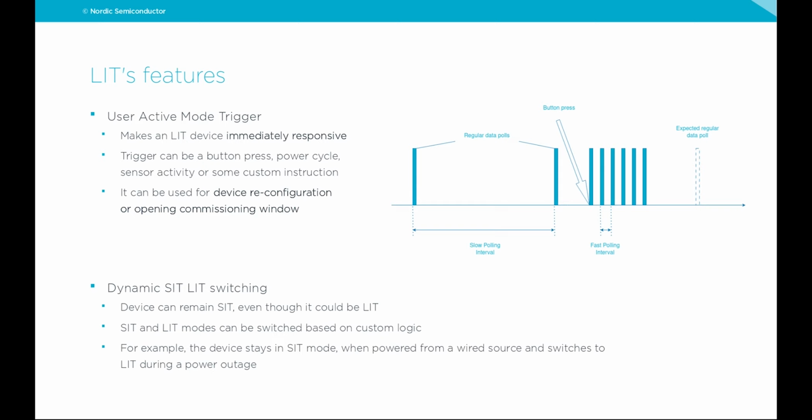As long as it uses the wire power source, we don't need to care about the power consumption, so it can be SIT. But in case of power outage, we can detect that the power source changed and make the device switch mode to LIT in order to save the energy and not drain the battery.